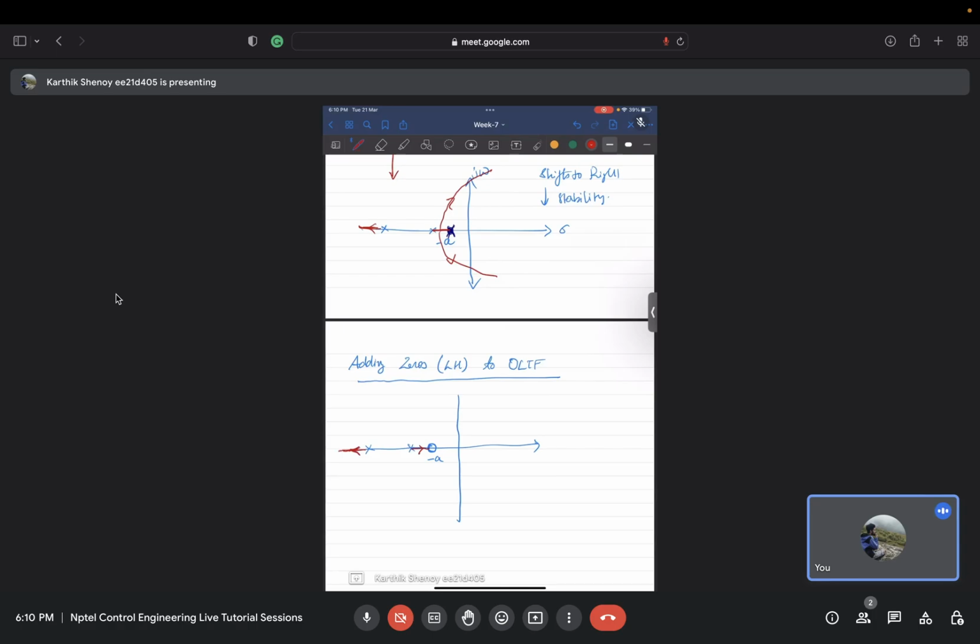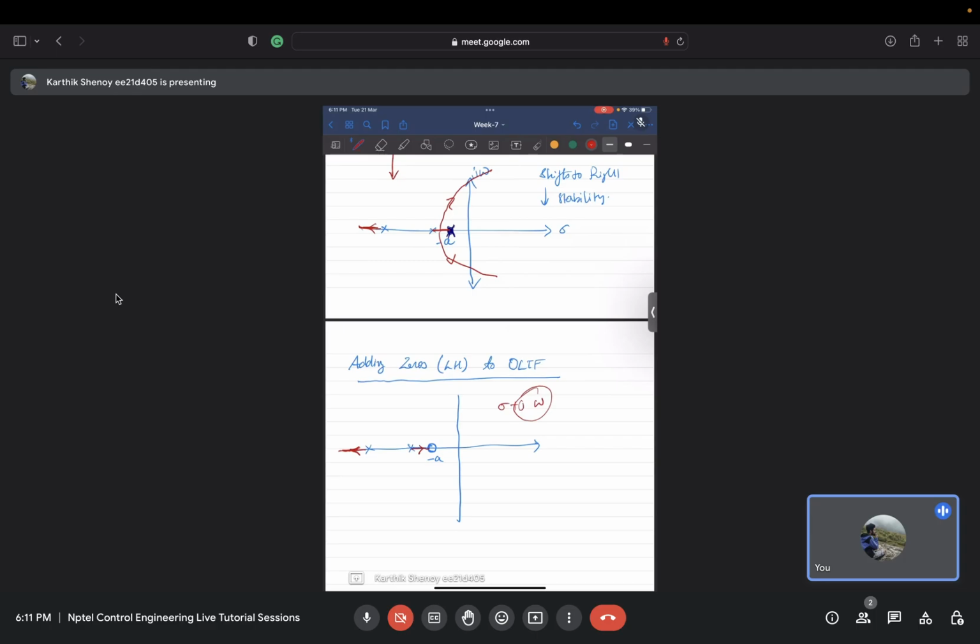What did it do? It made my system no longer oscillatory, right? There won't be any oscillations, because sigma plus j omega, it doesn't have any imaginary part for the entire root locus, correct? So it made my system more stable, because otherwise there are more oscillations, and finally it can go to the right half.